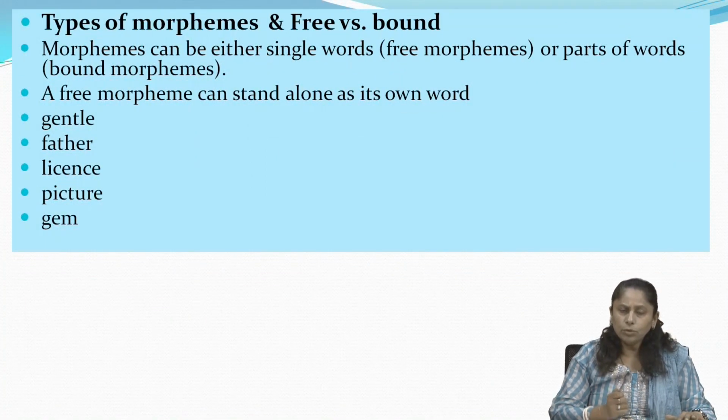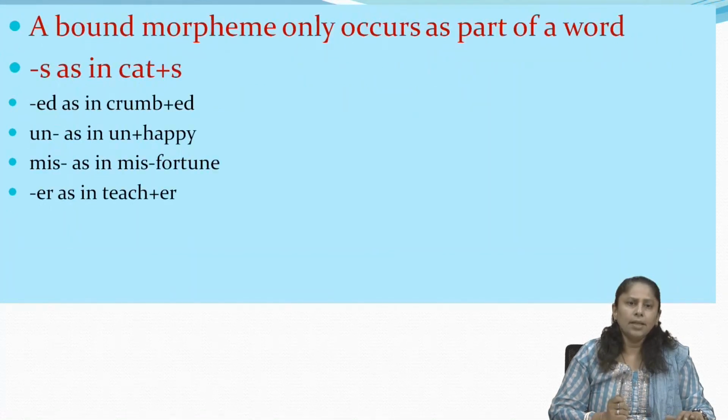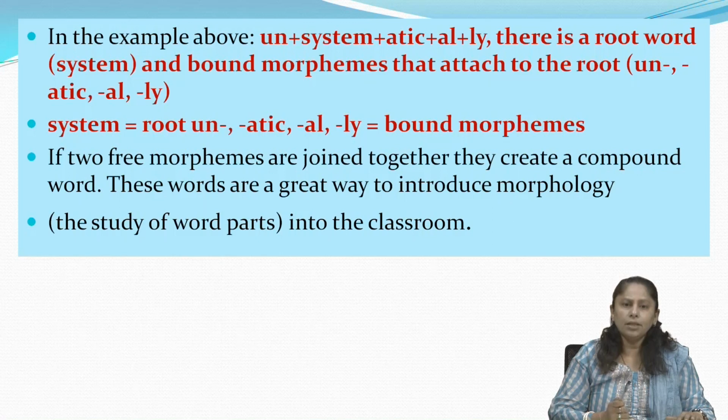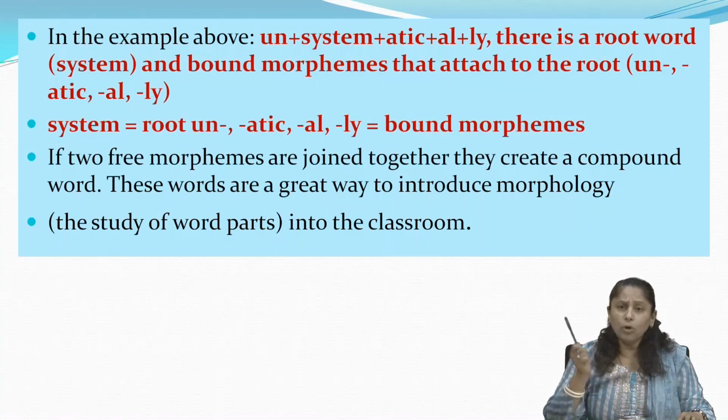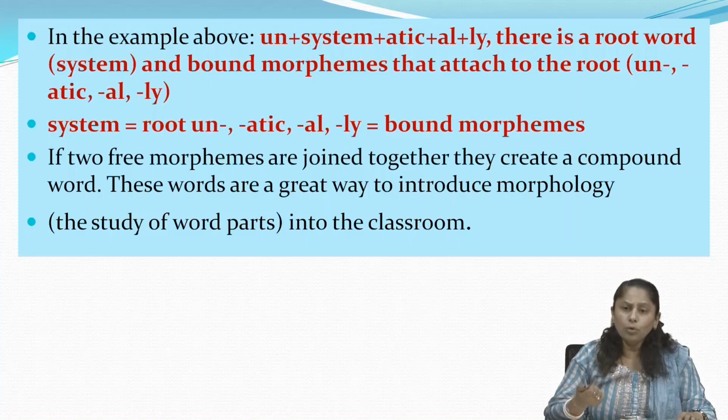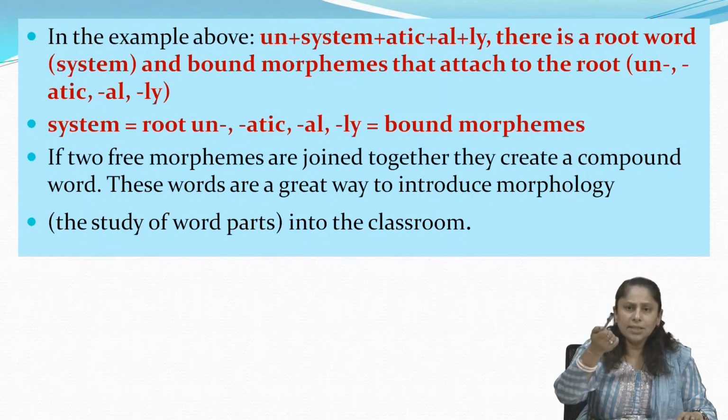Now as I told you, free and bound morphemes were already discussed in the examples. Then we took the bound morphemes example. Then we learnt about the word unsystematically and the compilation of all these bound morphemes, and there was a creation of a new bound morpheme word known as unsystematically.